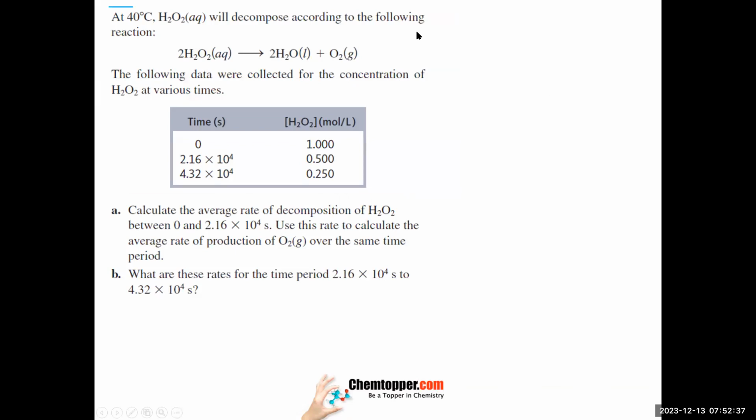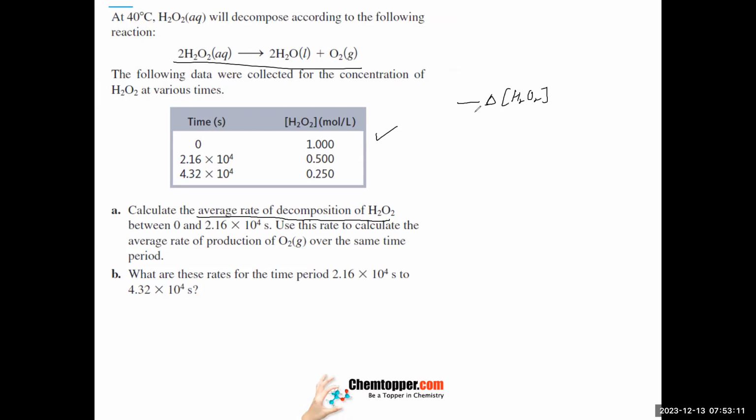Okay, now let's do this question. Read this question, please. Experimental data is given. Calculate the average rate of decomposition of H2O2. That means minus delta H2O2, minus because it's undergoing a decrease.